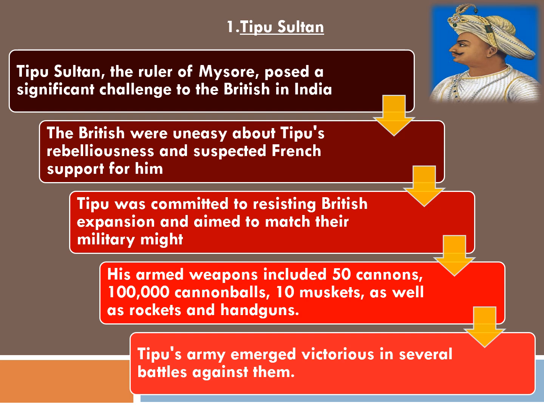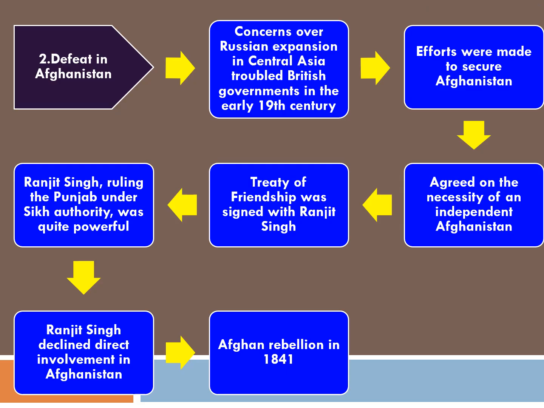He reportedly possessed formidable weapons including 50 cannons, 100,000 cannonballs, 10 muskets, as well as rockets and handguns, which were given to him by the French people. Despite British efforts, Tipu's army emerged victorious in several battles against the British.